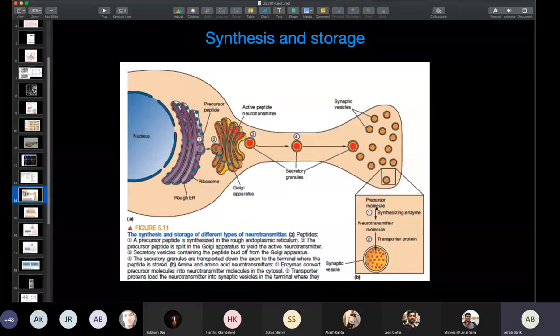Then there is an enzyme that makes it a neurotransmitter, and a transporter protein that packs it into synaptic vesicles. If you read the textbook a bit, it tells you this is a very simple procedure converting the precursor molecules coming from the Golgi bodies into neurotransmitter packed into synaptic vesicles.